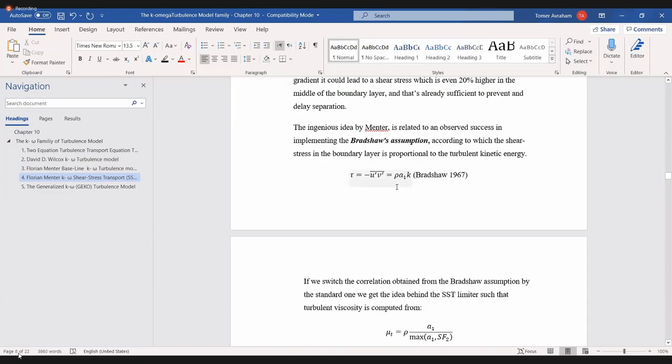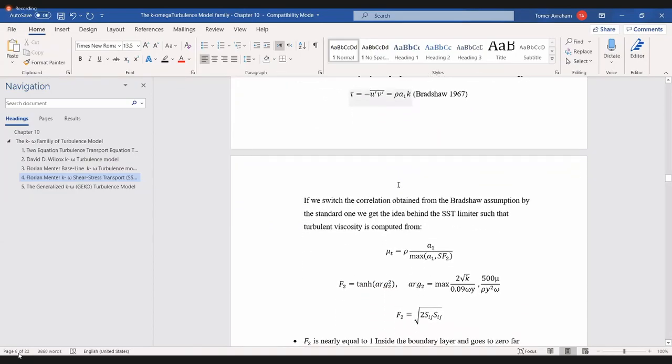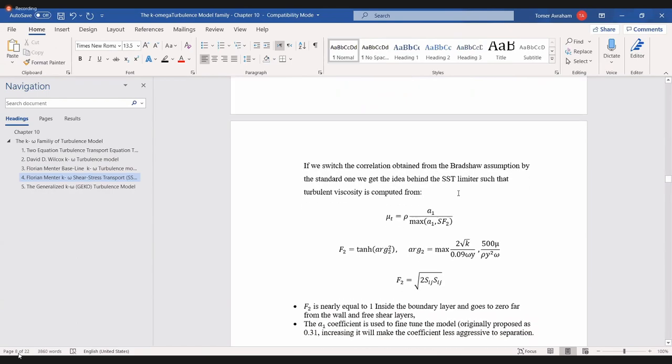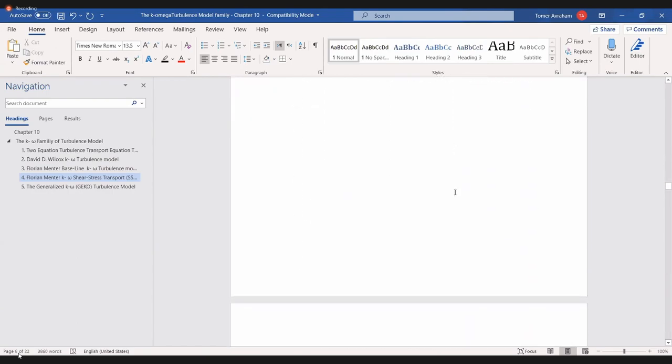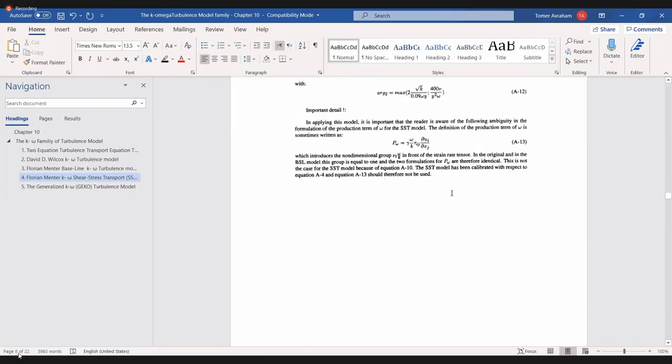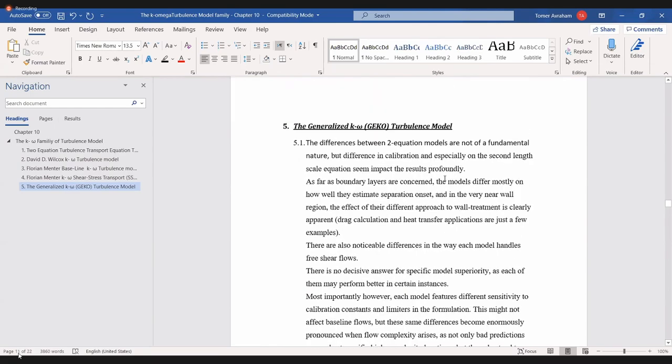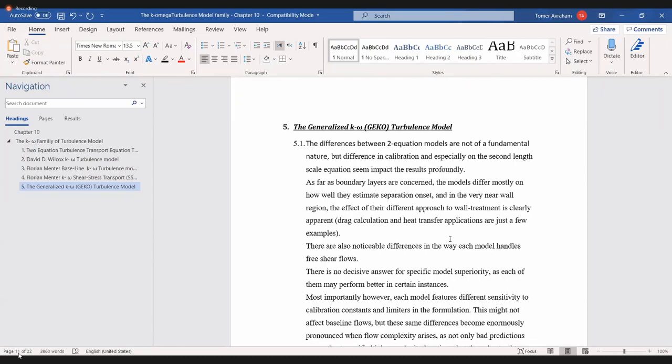Since then, we simply had no advancement in two-equation models. What we had since then, by Volker and Mentor, is the variation of the local correlation transition model.